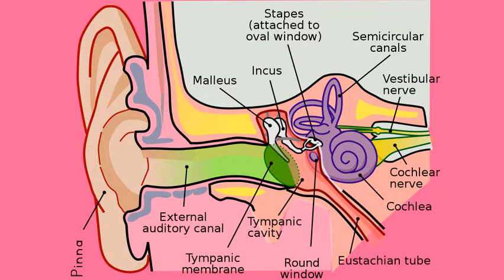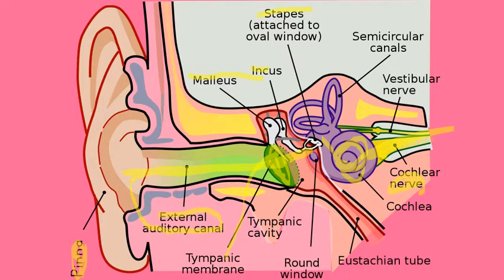So this is the diagram that we studied last week. We studied the pinna, which is the outer ear, and then the ear canal, which is there, and then those are the three little bones that go from your eardrum to your cochlea and travel through your cochlear nerve, right?